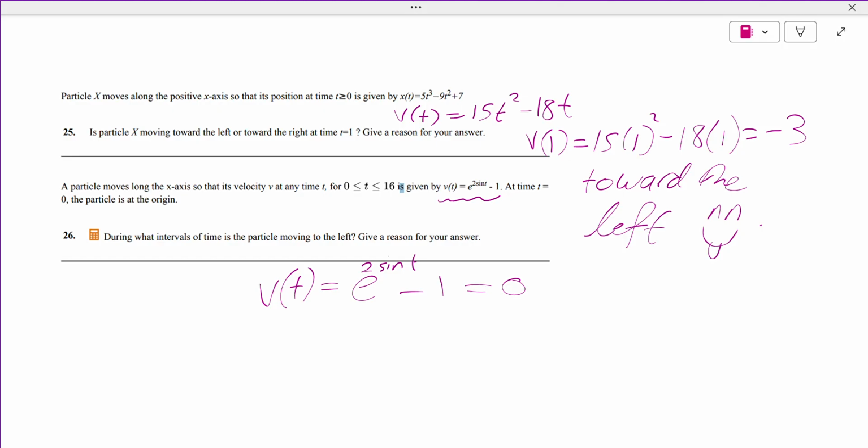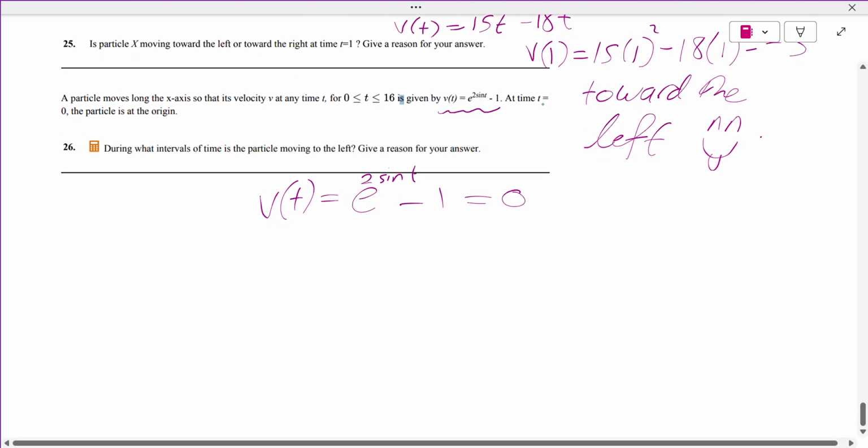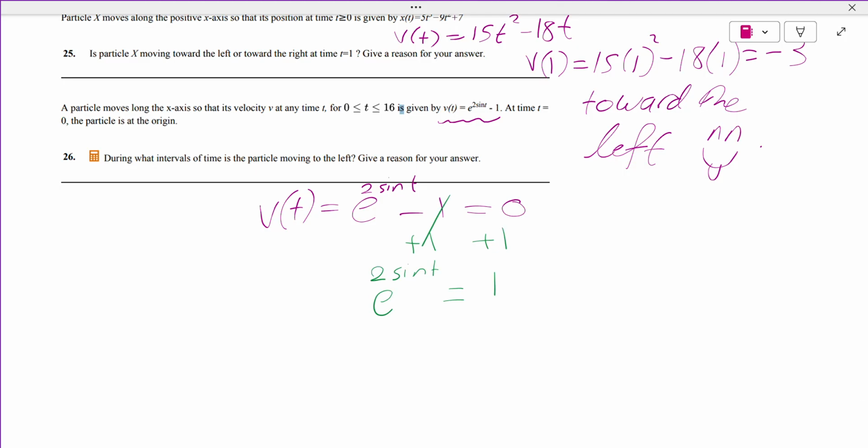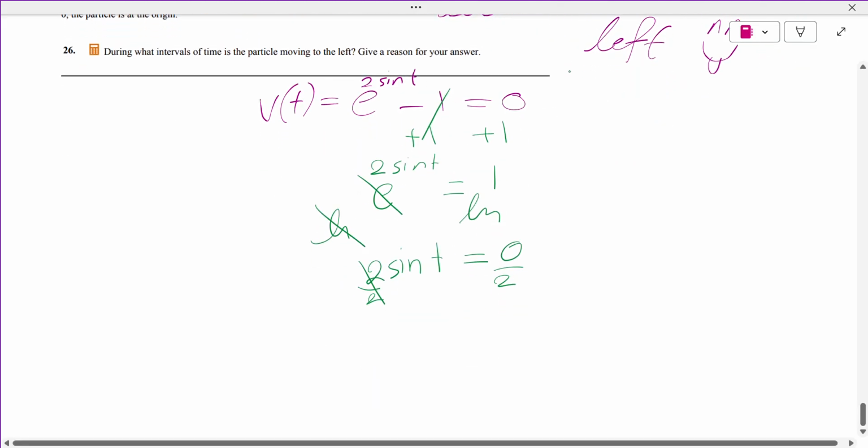Add 1 to both sides, so e to the power of 2 sine t equals 1. Take ln on both sides. So 2 sine t equals ln of 1, which is 0. Divide both sides by 2. Sine of t equals 0 over 2, which is 0.